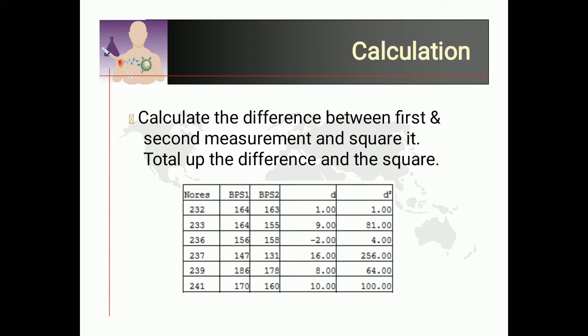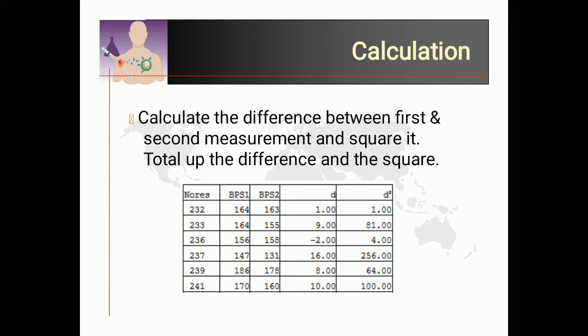So 164 minus 163 is 1. 164 minus 155 is 9. 156 minus 158 is minus 2. 147 minus 131 is 16. 186 minus 178 is 8. 170 minus 160 is 10.